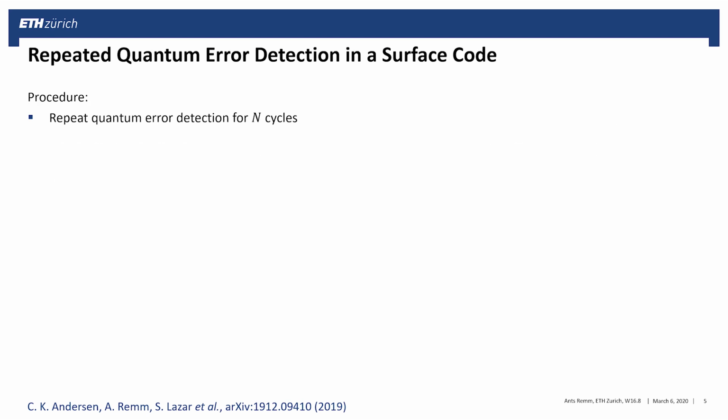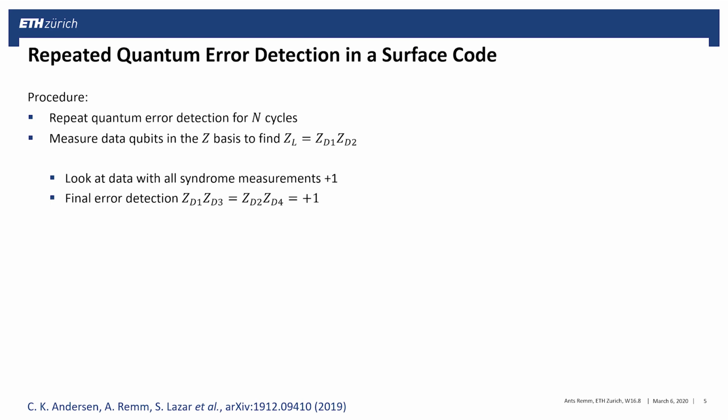Next, we will look at how the logical operators evolve if we repeat our stabilizer measurement for n cycles. To read out the logical Z operator after repeating the stabilizer measurements, we read out the data qubits in the Z basis to calculate the logical Z operator, which is the product of the two measurement outcomes.